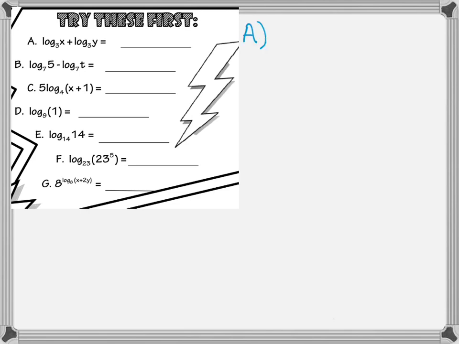So A was log base 3 of x plus log base 3 of y. So we have it being separated by addition, so that means we need to multiply those two numbers. So log base 3 of xy.